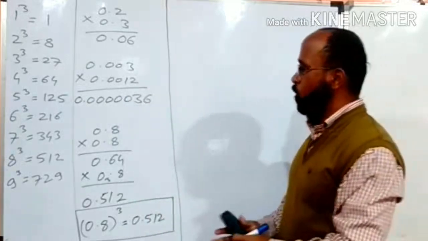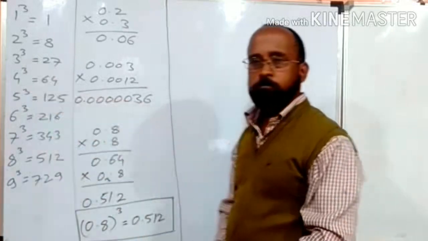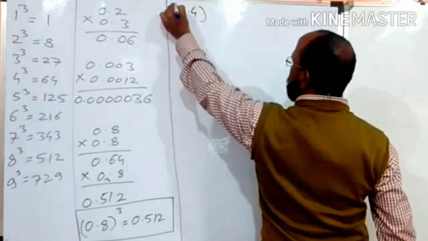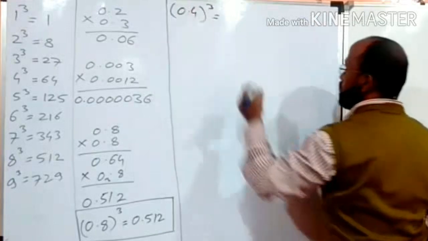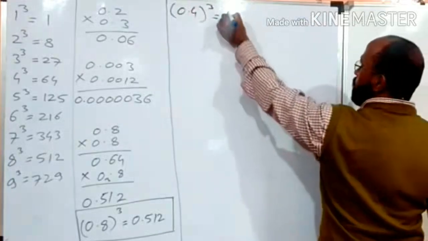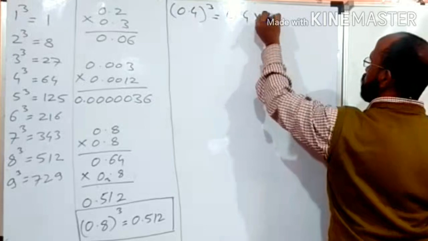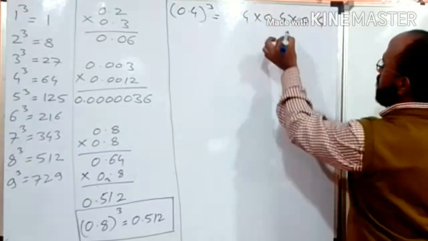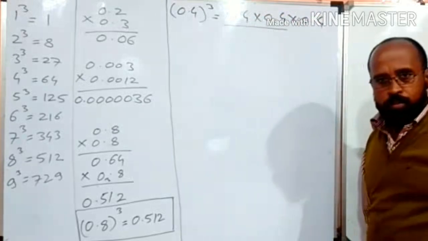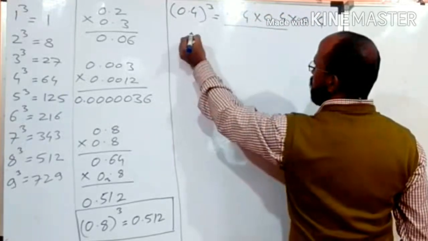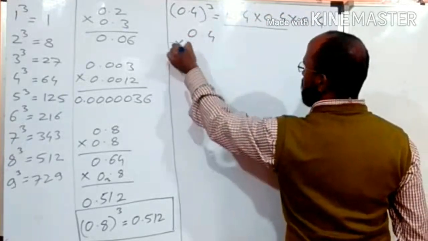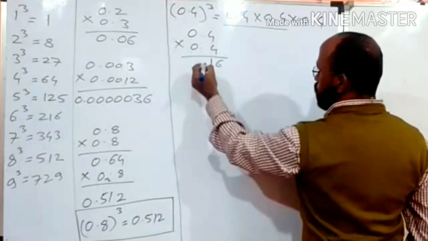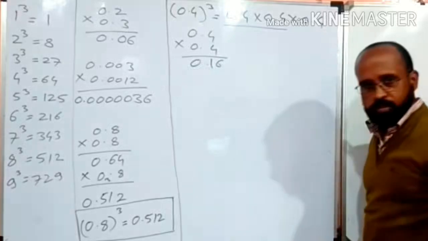Suppose I have to find out the cube of 0.4. So the cube of 0.4 is nothing but 0.4 multiplied by 0.4 multiplied by 0.4 itself. So we will multiply these two numbers first. 0.4 multiplied by 0.4. 4 4s are 16. 1 plus 1, 2 decimal digits, so 0.16.